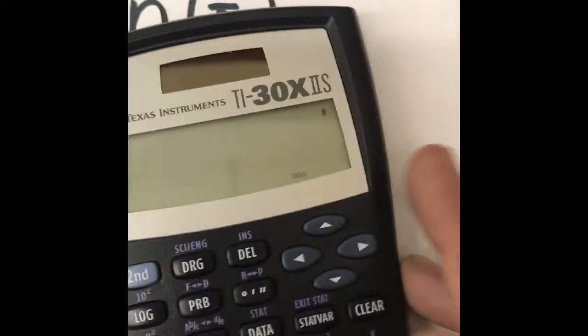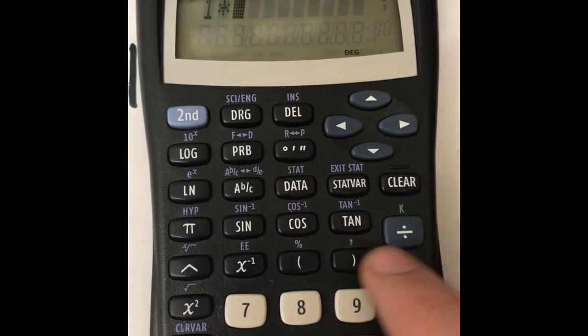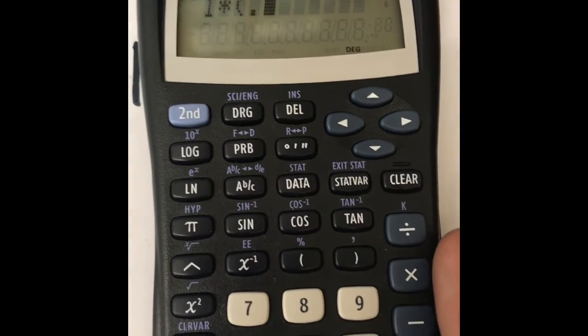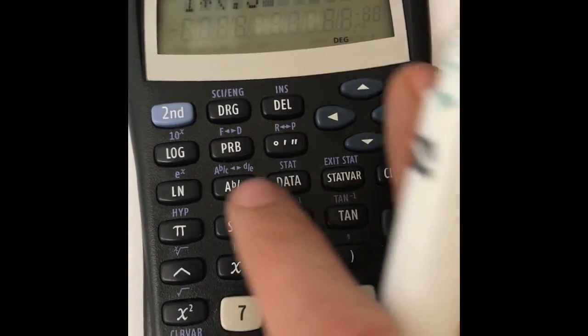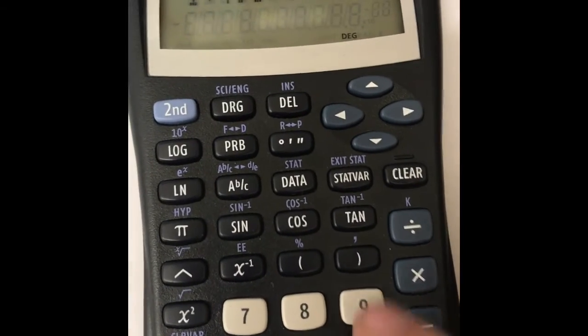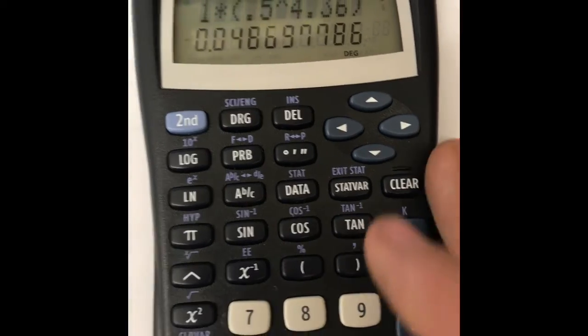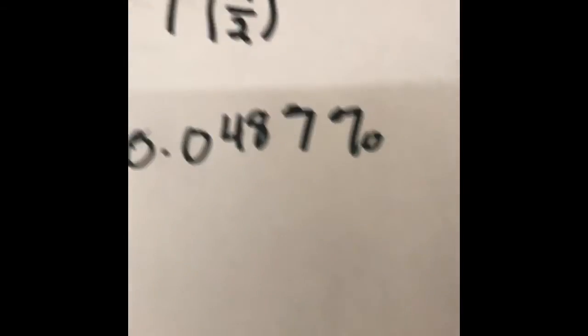So now when I put this into my calculator, I'm going to have 1 times 1/2, or 0.5, raised to the power of 4.36 half-lives, close my parentheses, and this is the percent that remains, 0.0487.